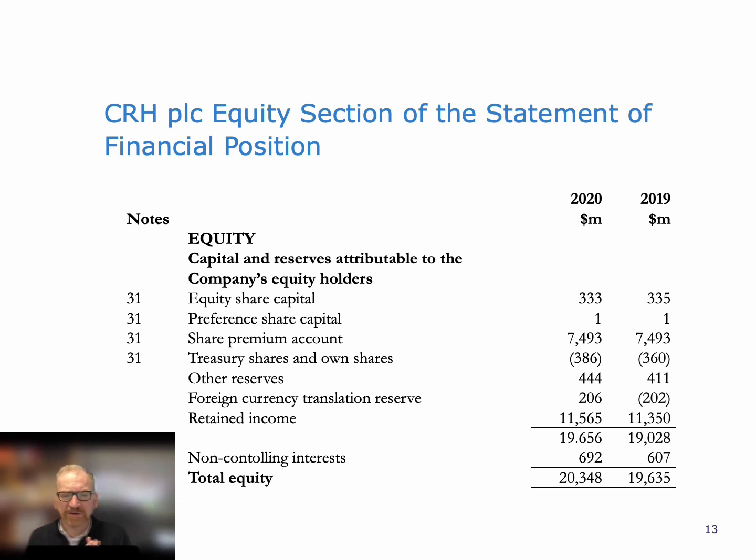So here's the equity section of the statement of position, and what kind of items do we expect to see in there? Well, we expect to see really two divisions in here. This first division, these first three items, you can see they haven't changed between the 2 years. The equity share capital and the share premium account is the amount of equity that shareholders have actually directly contributed to the company.